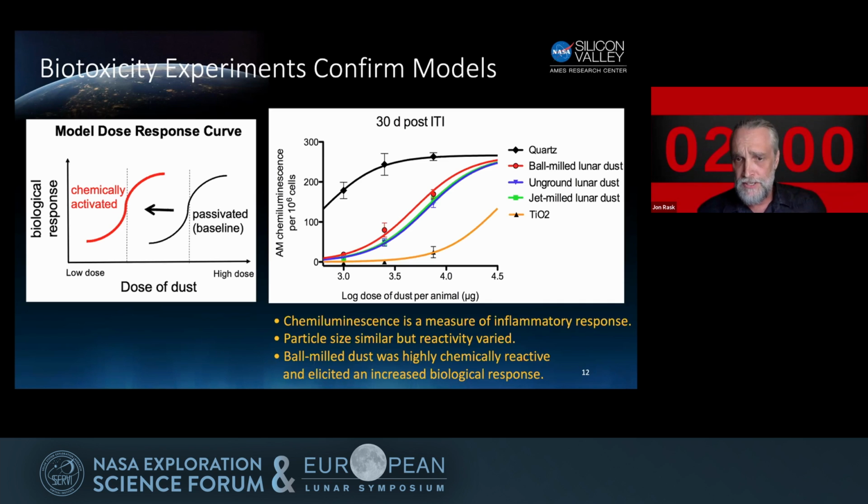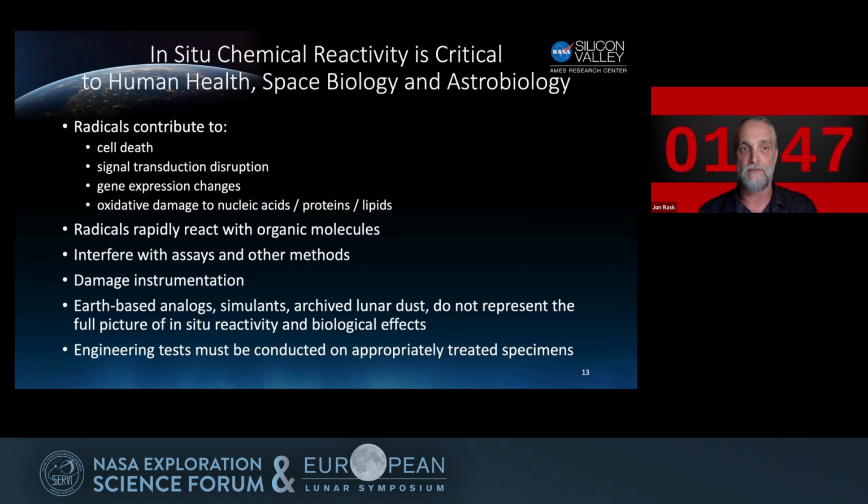So this is a very important observation that we had made here, and it further emphasizes the importance of chemical reactivity as it relates to its biological effects, in this case in the lungs of rats. But more broadly speaking, chemical reactivity is critical, as we've heard also in this session, to human health, but also space biology and astrobiology.